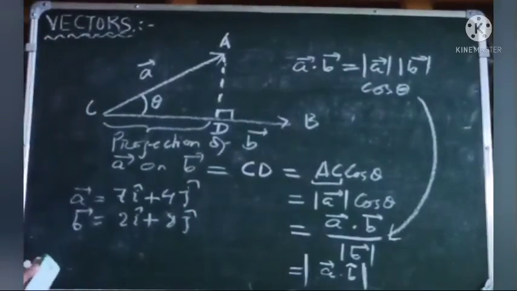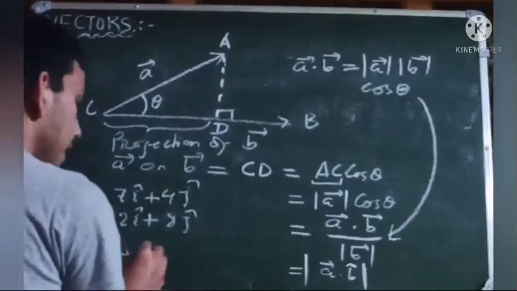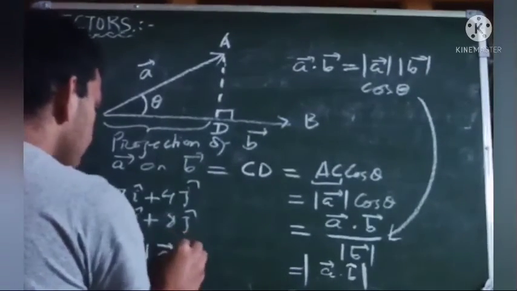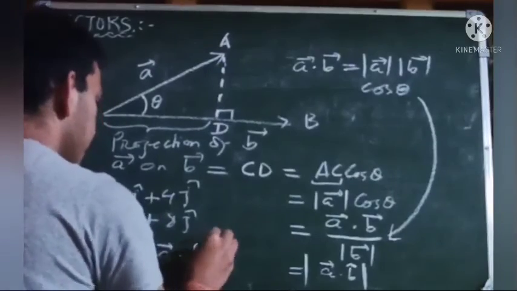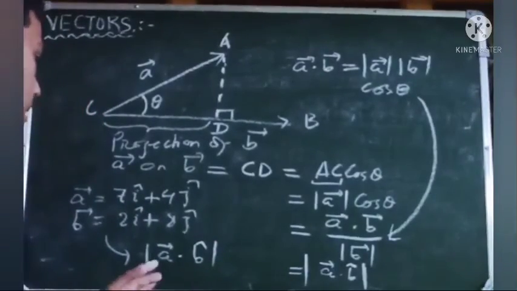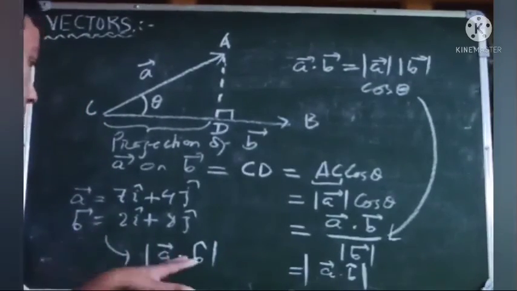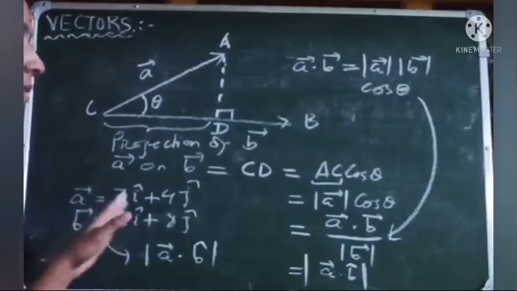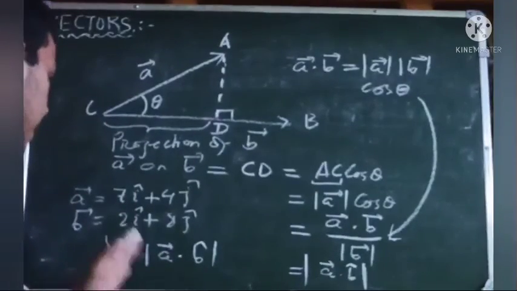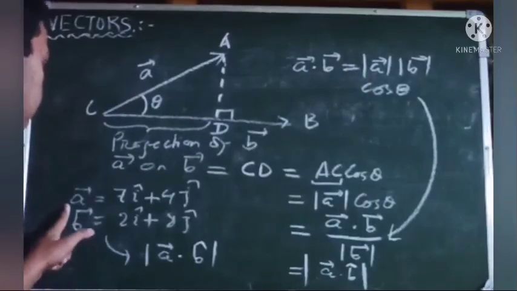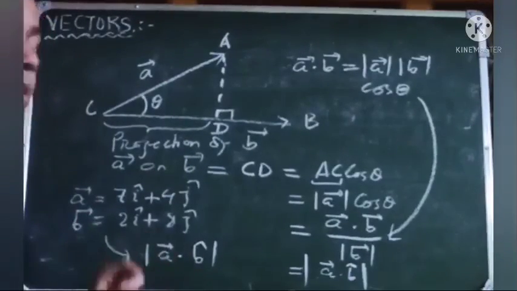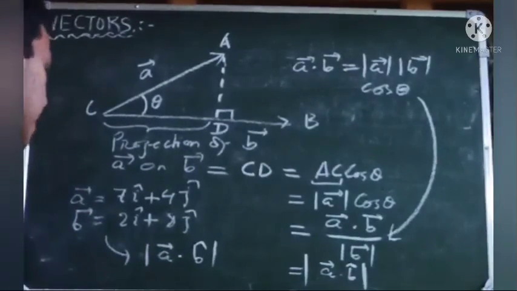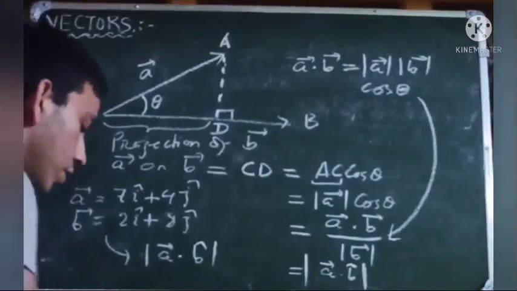Then if we are to find the projection of A vector on B vector, we should directly write it as magnitude of A vector dot B cap. That means we first have to find B cap, which is B vector divided by magnitude of B vector, and then we have to take the dot product of A vector with that B cap, and after that we have to take the magnitude of that quantity.